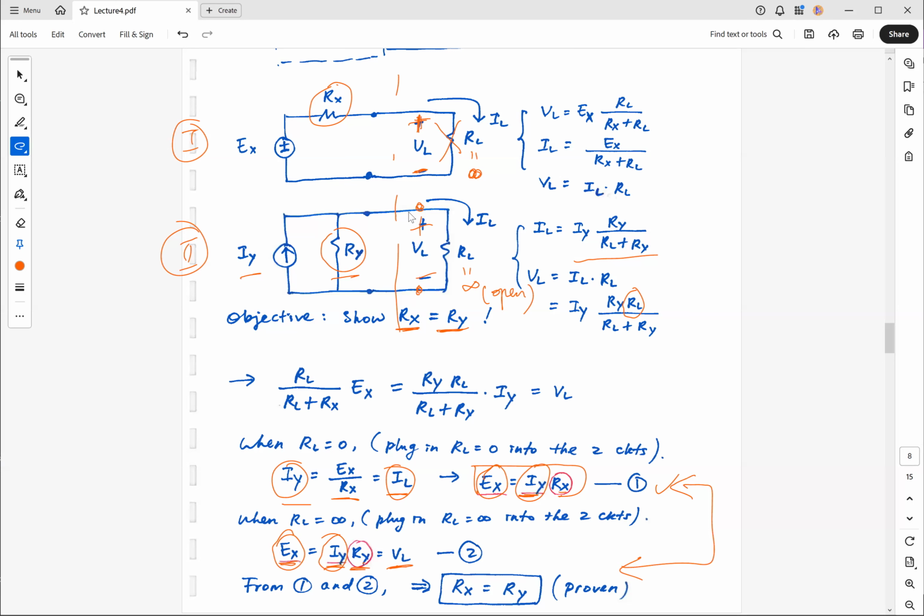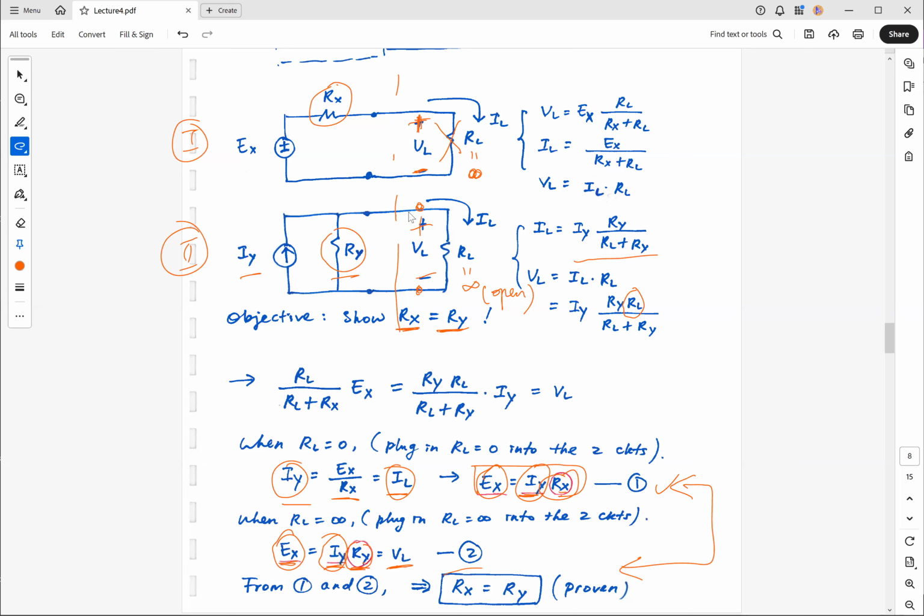So this tells us that from these two equations, in order for both equation 1 and 2 to be the same, Rx and Ry have to be the same as well. In other words, they're forced to be the same, so that both equations are the same and this derivation is valid.